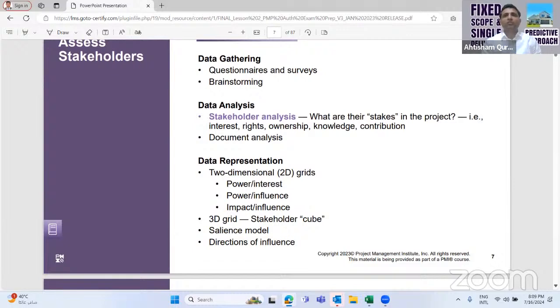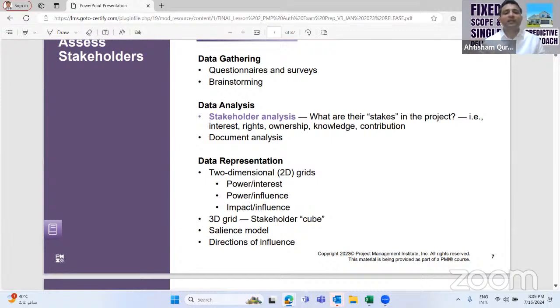Okay, so we identified our stakeholders through documentation review. However, now if I need to go one step ahead, I need to dig deep. I need to ask more questions so that I can come to know what the position of the stakeholder is in the organization, what the interest level, involvement, engagement, and influence are.